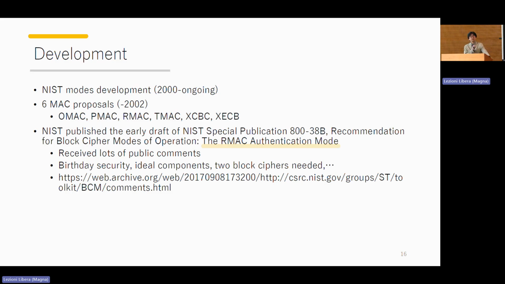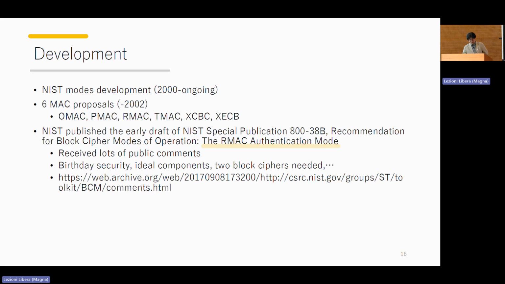So NIST modes of operation development started around 2000, and this is still ongoing today. And around 2002, there were 6 MAC proposals: OMAC, PMAC, ALMAC, TMAC, XCBC, and ECB. And NIST once published the early draft of NIST standard document to specify the ALMAC authentication mode.